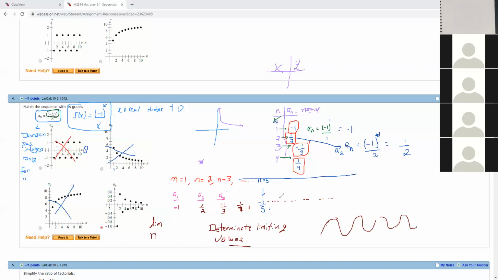What would be the next one, Joshua? Would it be negative still or positive now? Positive. And 1 over what? 6. Good. And the next one? -1 over 7. Mm-hmm. And this continues forever.